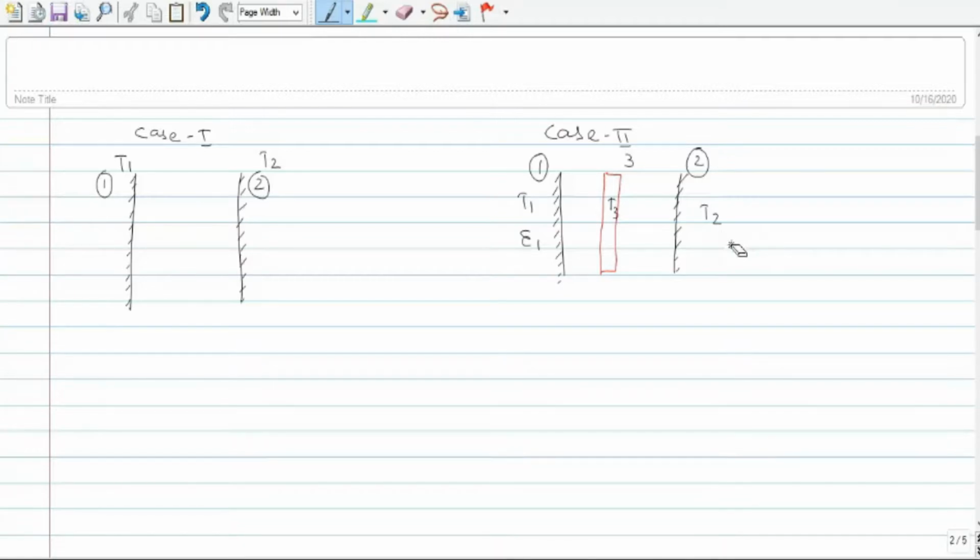Here the emissivity is E2. Same way here it is E1 and E2, and the emissivity on both surfaces of the radiation shield is E3. Now I plot the electrical analogy diagram for this case.